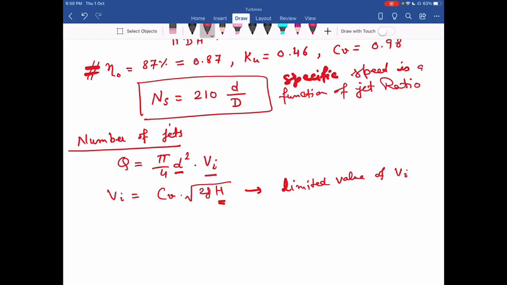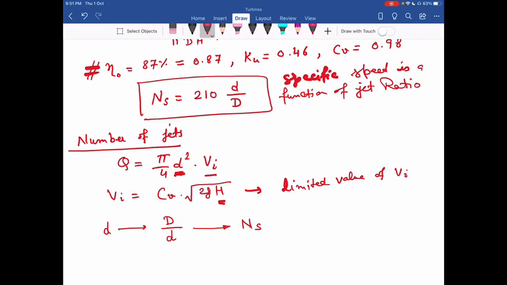Okay. So now I see to increase the discharge, I have to increase D. Now further, this D depends on jet ratio, whose value is a function of specific speed.